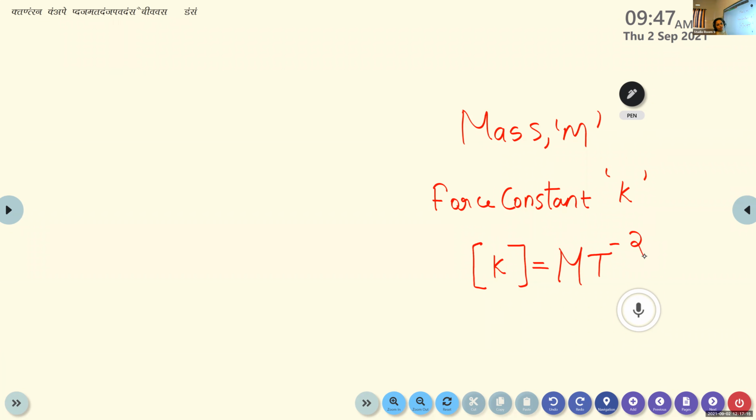The dimension of the force constant is also provided in the question paper: force constant K is equal to MT raised to minus 2.